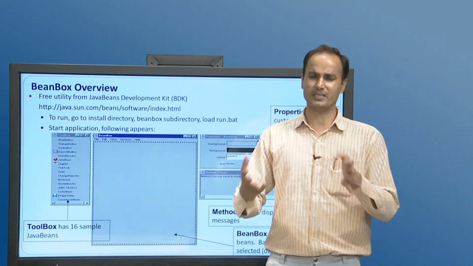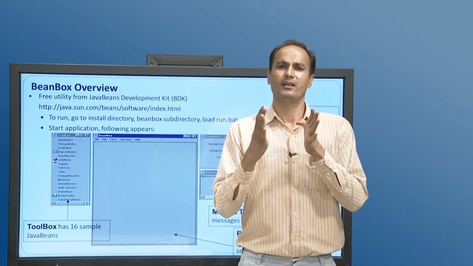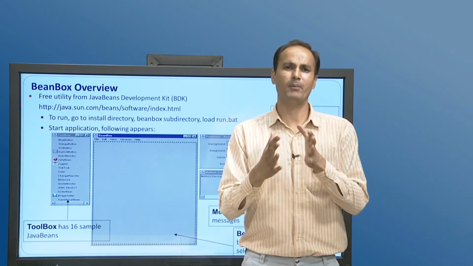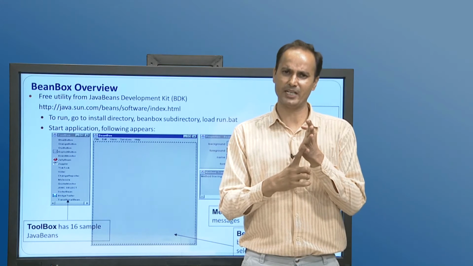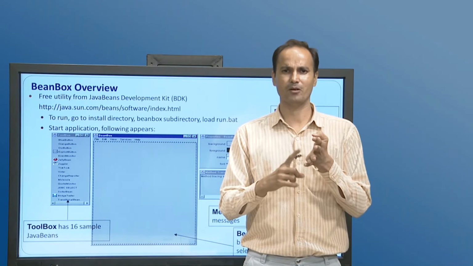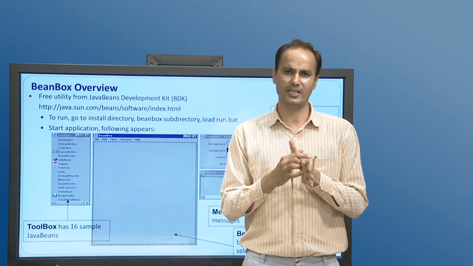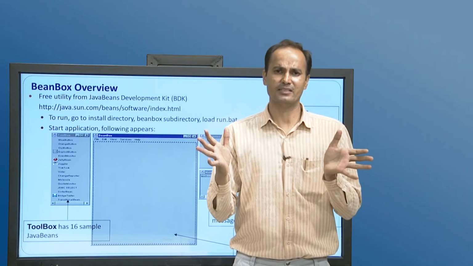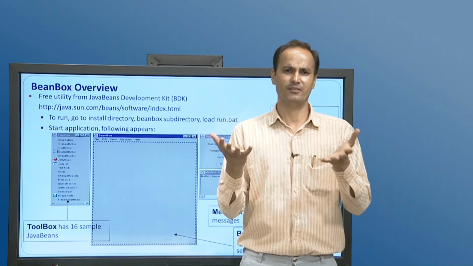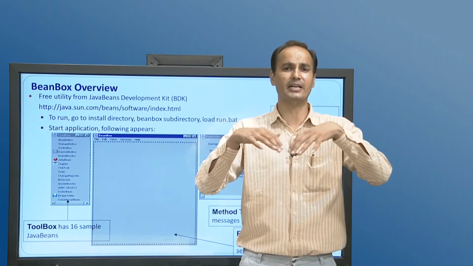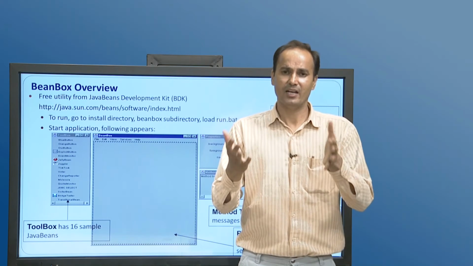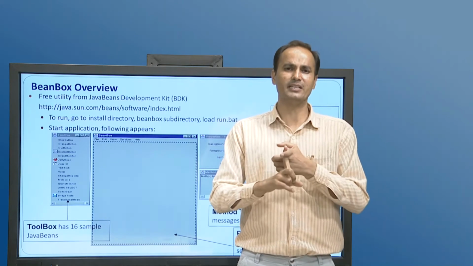Now, after discussing the properties of a bean, that is the simple property, Boolean property, bound property, indexed property and constraint property, this is the real environment where we are going to create a bean and implement the discussed properties.